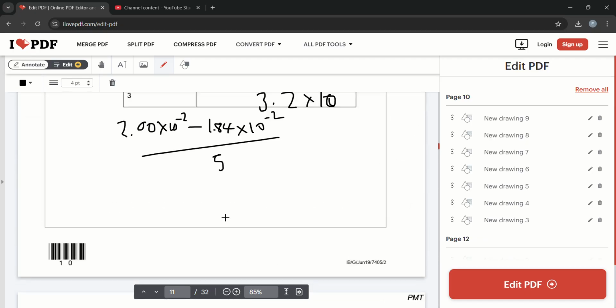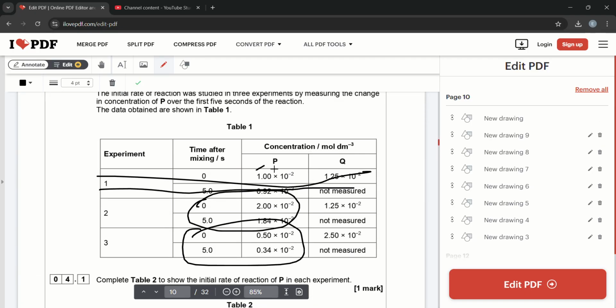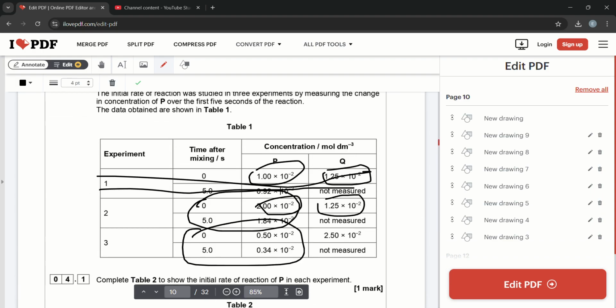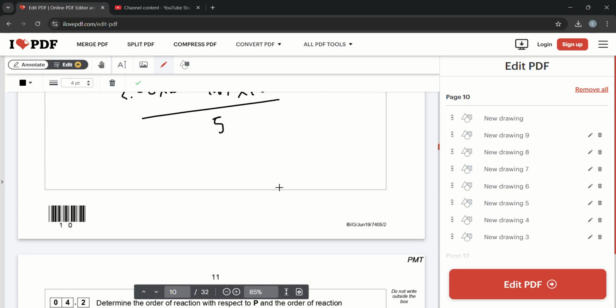Well, if you look here, P doubles, but Q stays the same. So the order of reaction with respect to P is going to be 1.